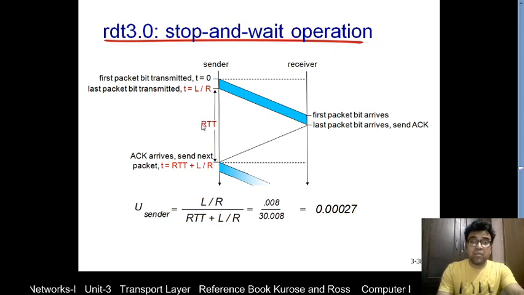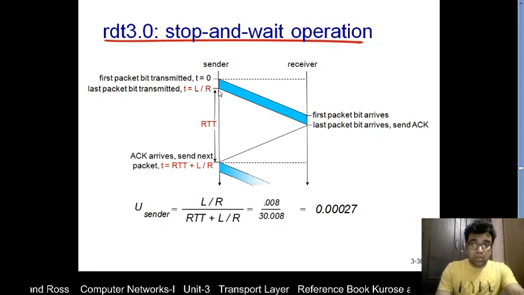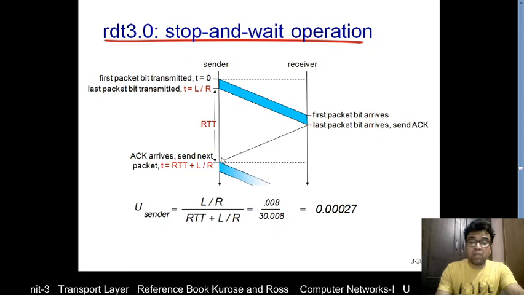So RTT for this stop and wait protocol is this much amount of time. During this time, sender is actually transmitting the data, but from this point to this point, sender is idle and waiting for the acknowledgement. So this happens in this stop and wait protocol, and this is the time which is wasted by the sender.